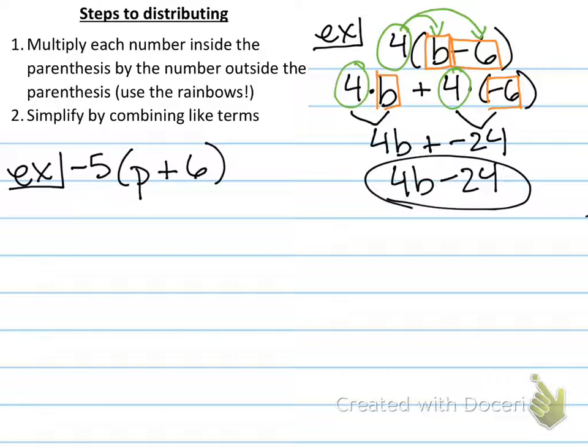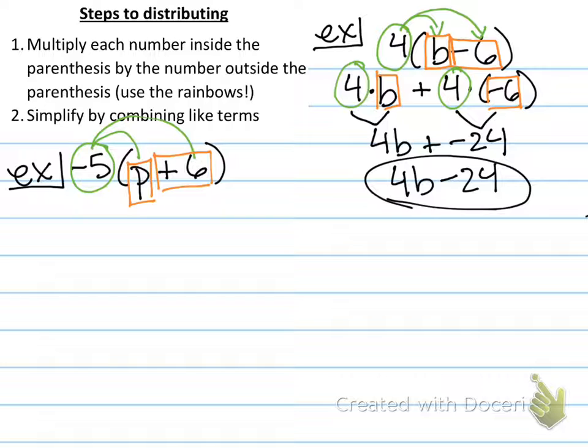Here's another example. The number that we need to distribute is -5. And we're going to use our rainbows to remind us that we are distributing -5 to both terms that are inside the parentheses. So the terms inside are P and +6.